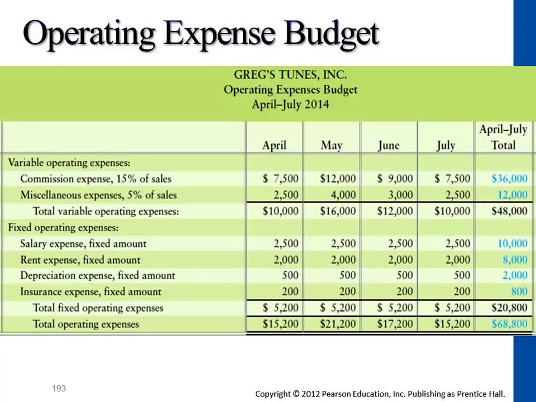So based on sales, that makes it a type of variable expense or fixed expense. Variable, because it actually floats with sales. Right, so this also goes back to Chapter 19 when we characterize expenses into either variable or fixed. So the upper portion, variable expenses: when sales go up, the commission expense goes up, miscellaneous expense goes up.